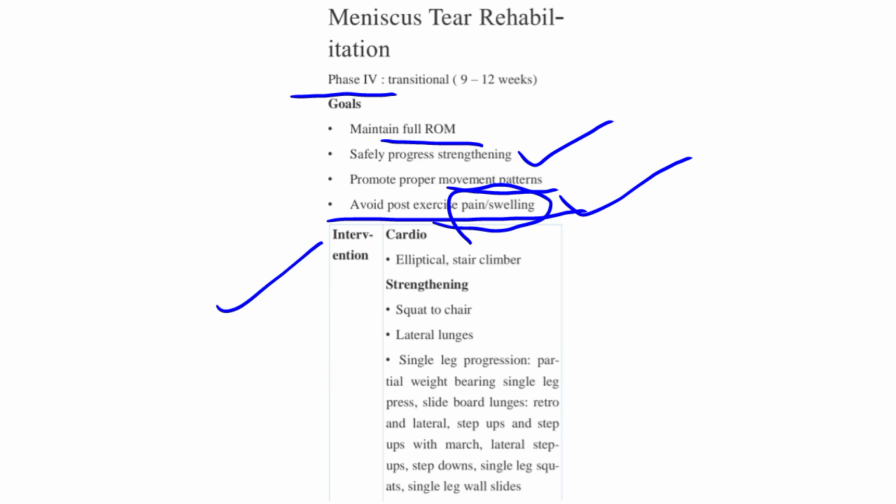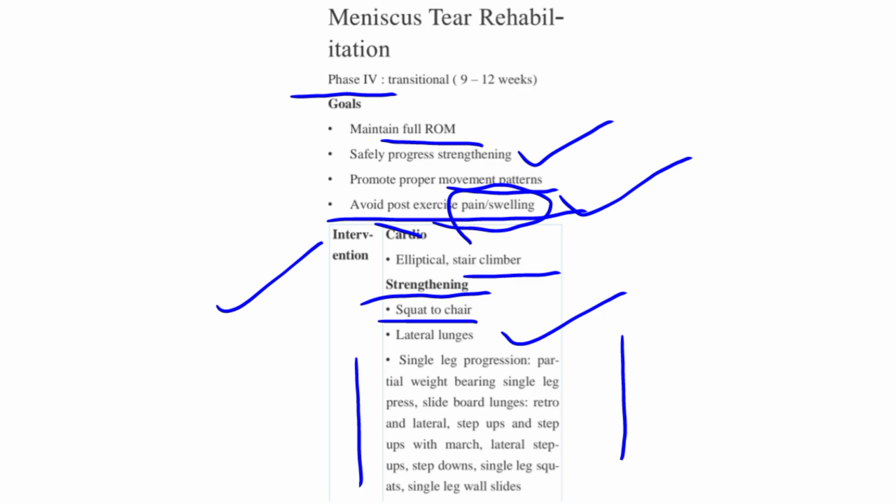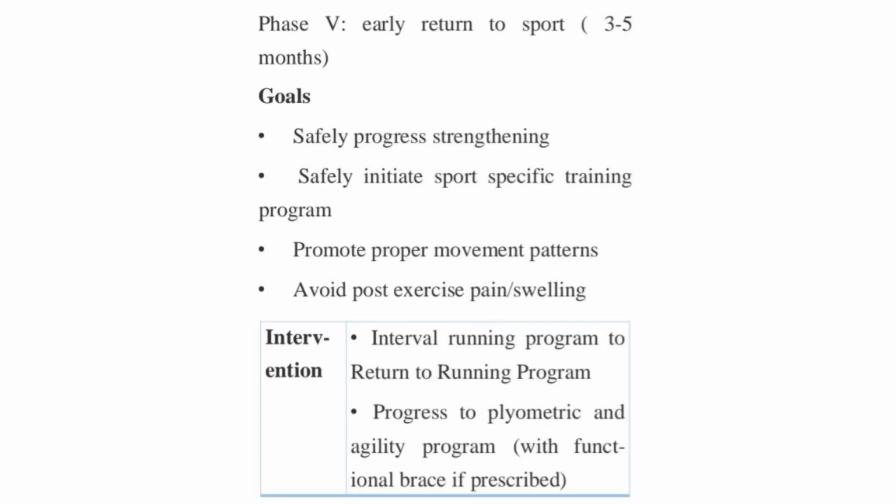Interventions are the same as we discussed previously: cardio, stair climbers, strengthening exercises, squats to the chair, lateral lunges, single leg progression, single leg squats, wall squats, and step ups with the march. These are all strengthening exercises of the lower extremity.